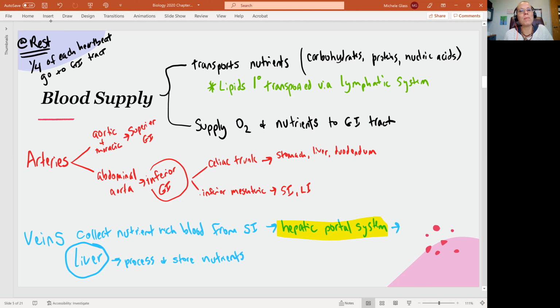So we see very much that we're turning on absorption and secretion of nutrients when we're at rest because it's requiring so much of our blood flow to our gut, right?